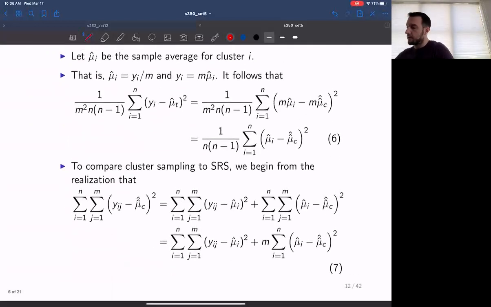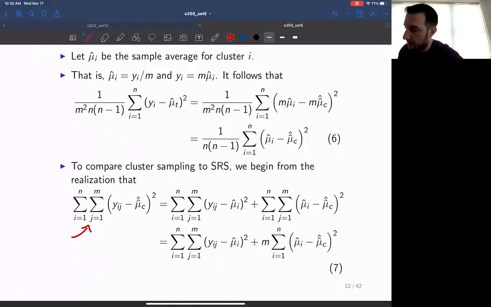All right, so using what's in equation 6, or starting from the definitions given above, we can show that if we consider the double sum across all clusters and across all observations within each cluster of the yij minus the average of the population mean, squared, right?